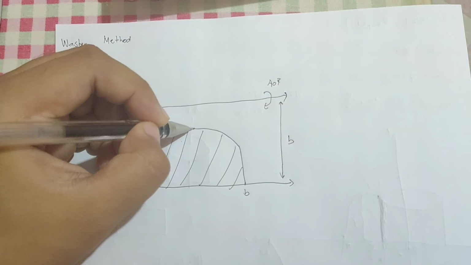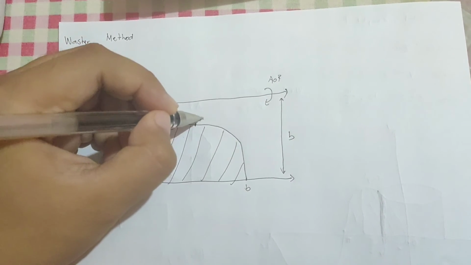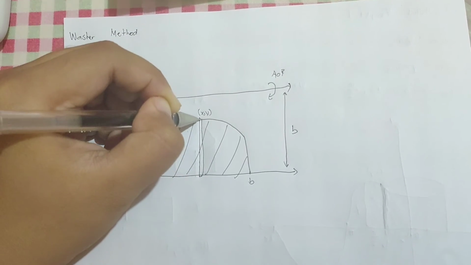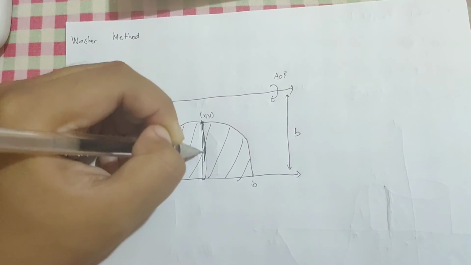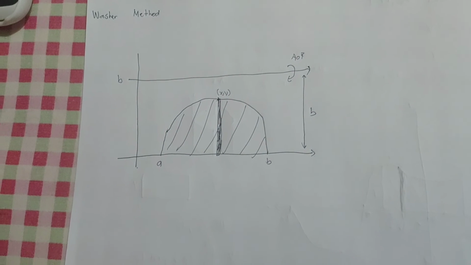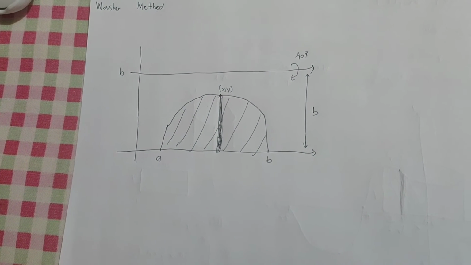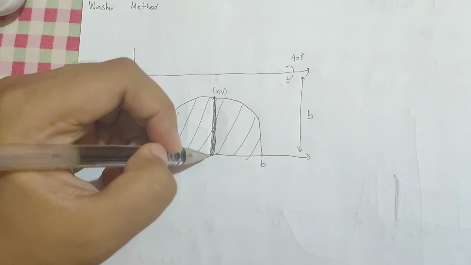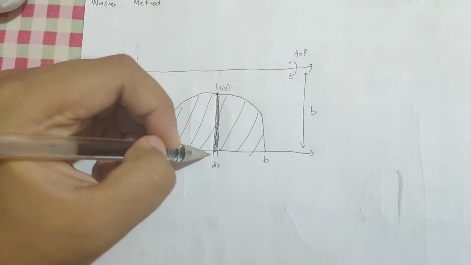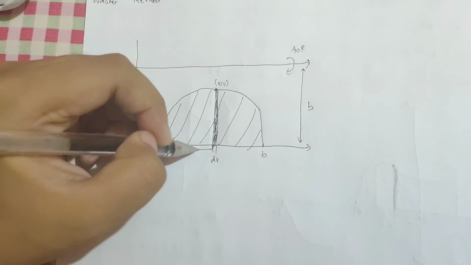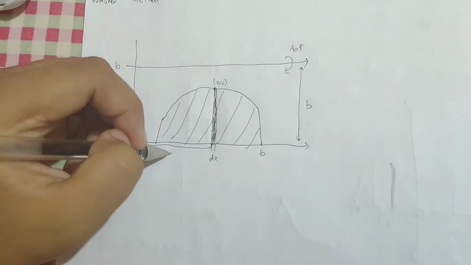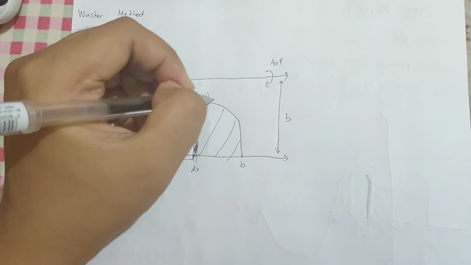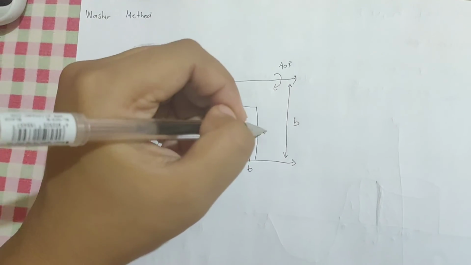From this point, this will be our x and y. We will draw a horizontal strip. And then, let's label it, this will be our dx. From here to our origin will be our x. And the height will be our y.